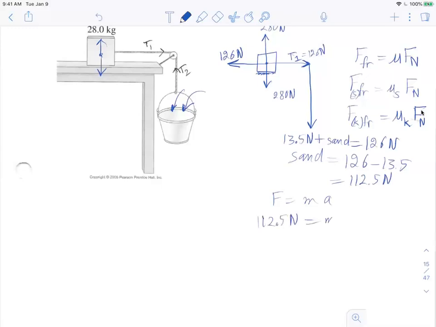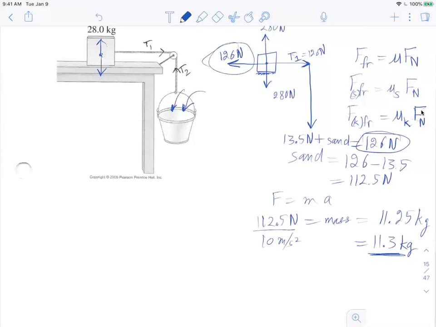You don't know the mass of the sand. The acceleration is 10 meters per second squared. So the mass of the sand is basically just 11.25 kilograms, which if you round it up, is 11.3 kilograms. That's how much sand we would have to add to provide a total force, along with the bucket, which balances out against the friction, right?